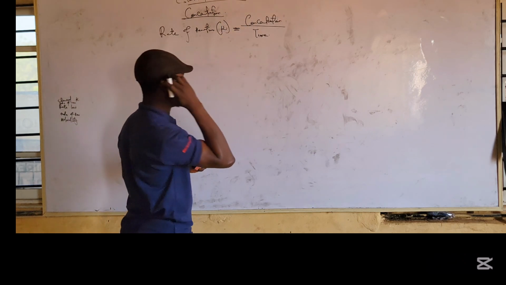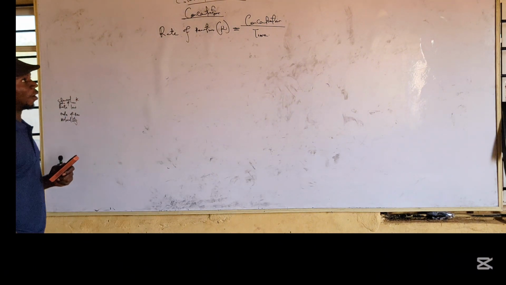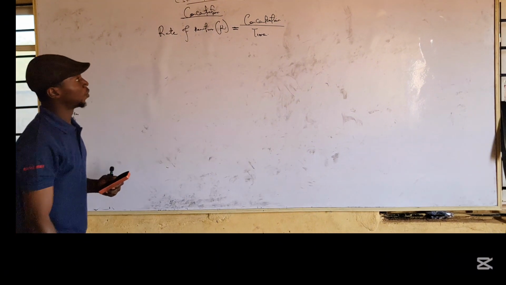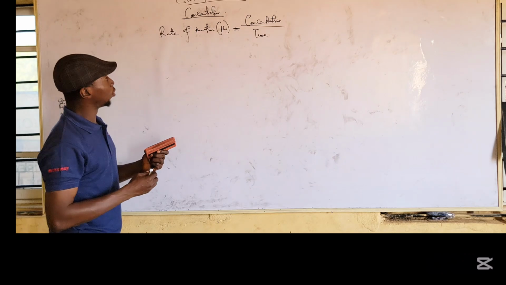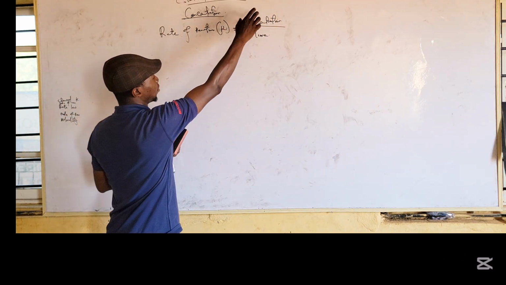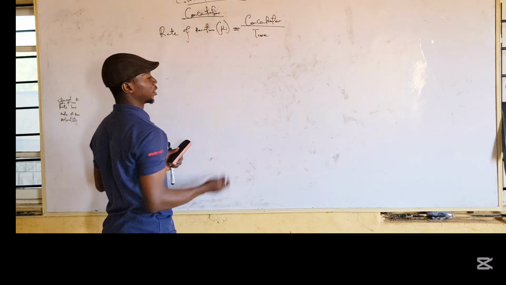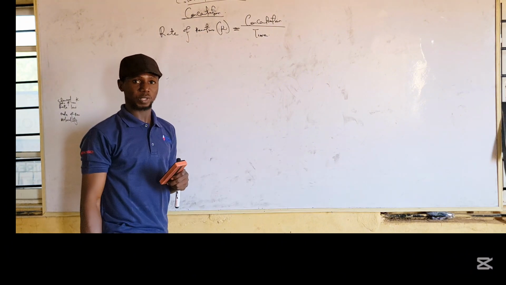This is how the rate of reaction is expressed mathematically. Now, this is not just what we'll be looking at, because if you look at this, one would think that in this expression, rate of reaction is at least proportional to concentration, so once concentration is increased, rate of reaction increases. No, this is not just what we'll be looking at.